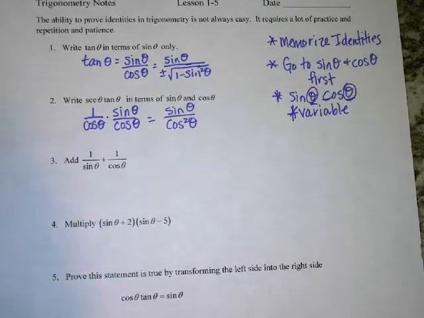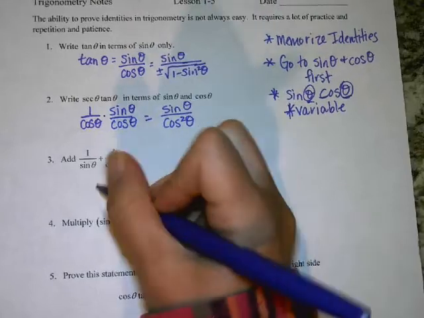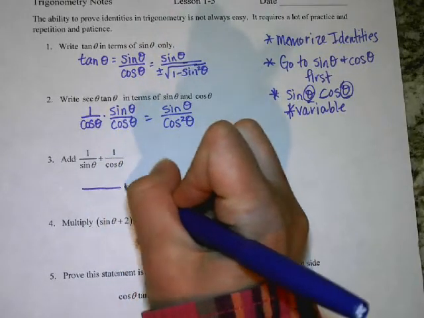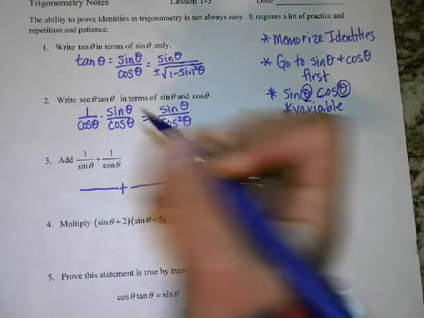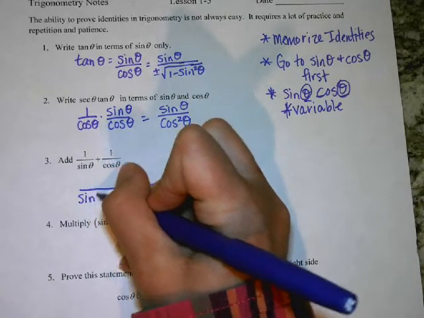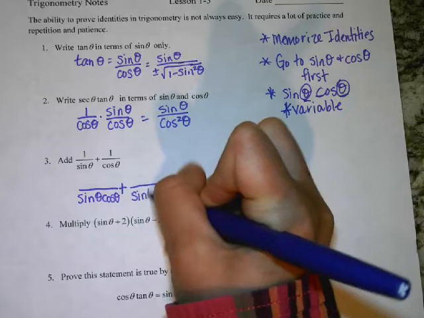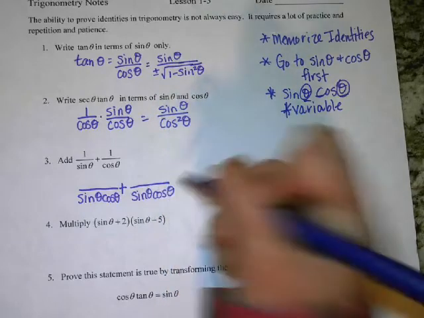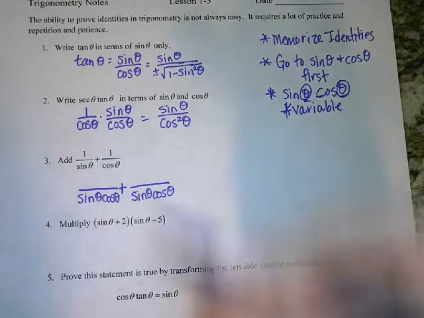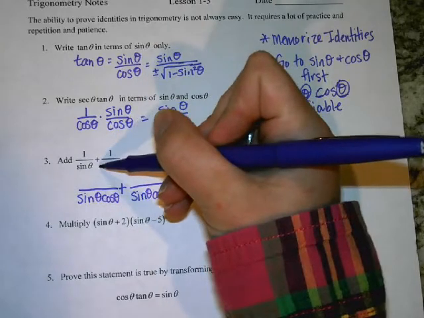Number 3. I'm going to add 1 over sine theta plus 1 over cosine theta. In order to add fractions, they need a common denominator. If it's in one of them, it's got to be in the common denominator. So my common denominator is sine theta cosine theta. What's new over here? I gave this one a cosine.